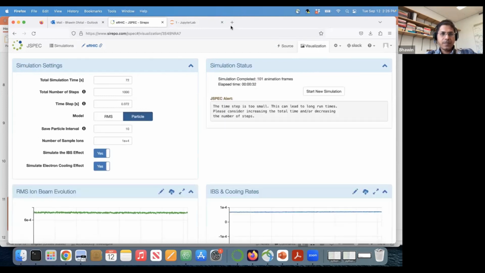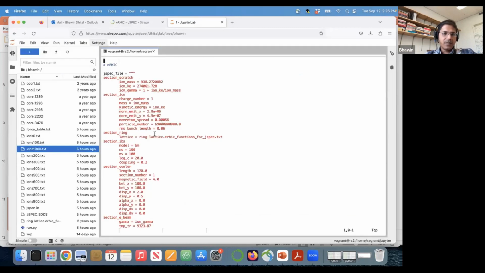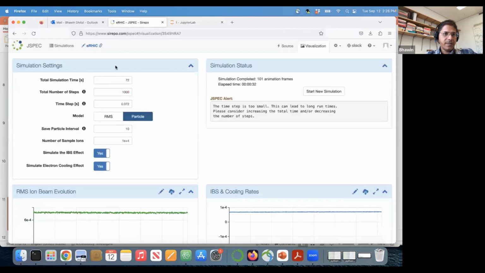Exactly this file gives me the input I have given for the ion beams. You can see the ion mass, ion kinetic energy, ion gamma, and also the normalized emittances and everything for the ion I have given here. Somehow I am unable to show you the source.